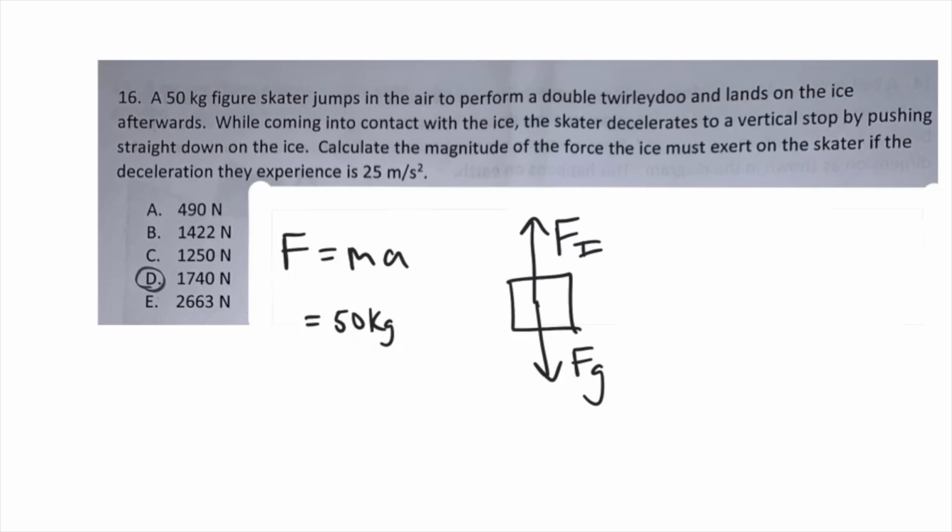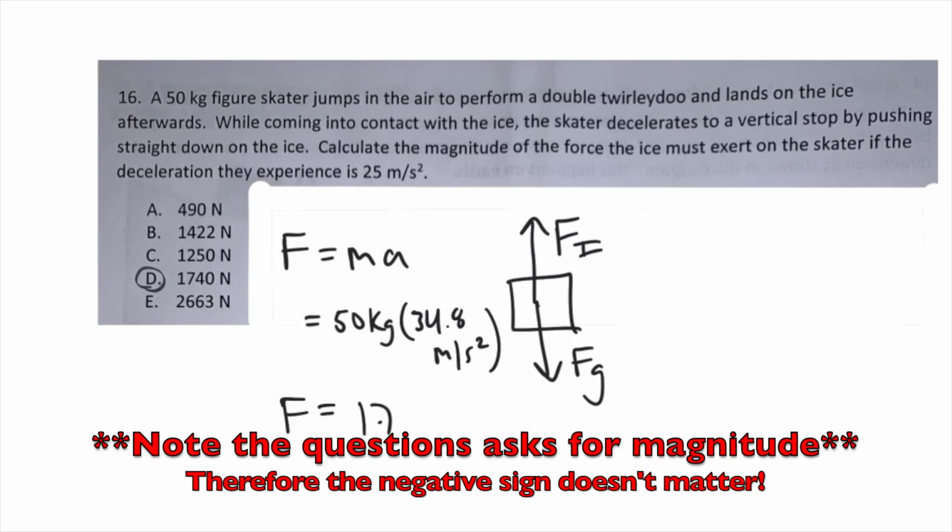So we have to add 9.8 meters per second squared additionally onto her original 25 meters per second squared deceleration for a total acceleration of 34.8 meters per second squared. And when we do this, we find that the force is equal to 1,740 newtons.